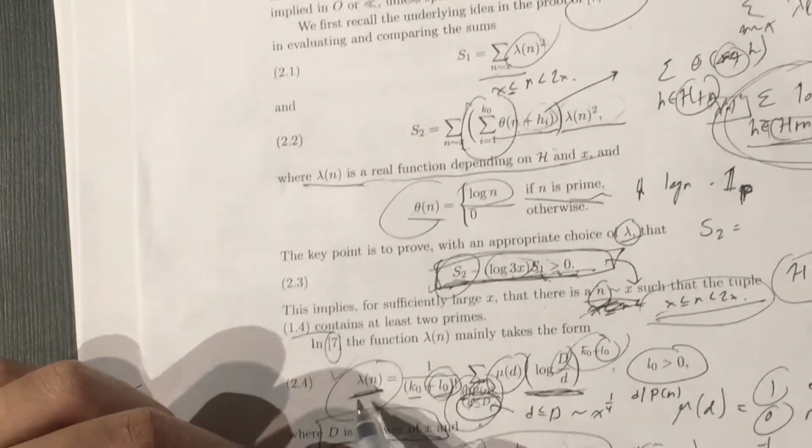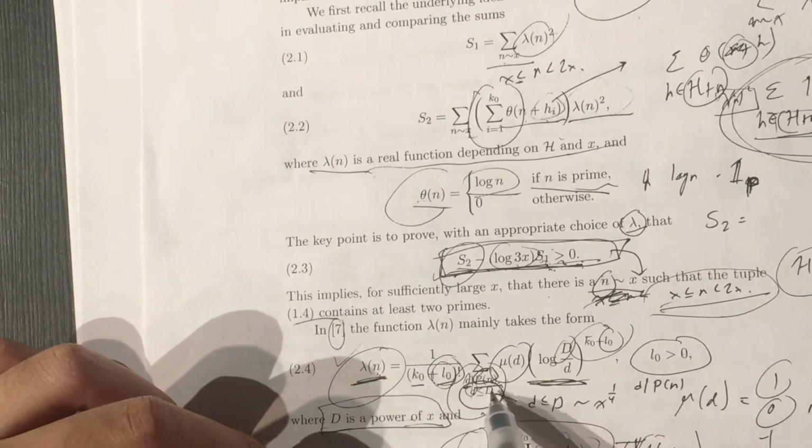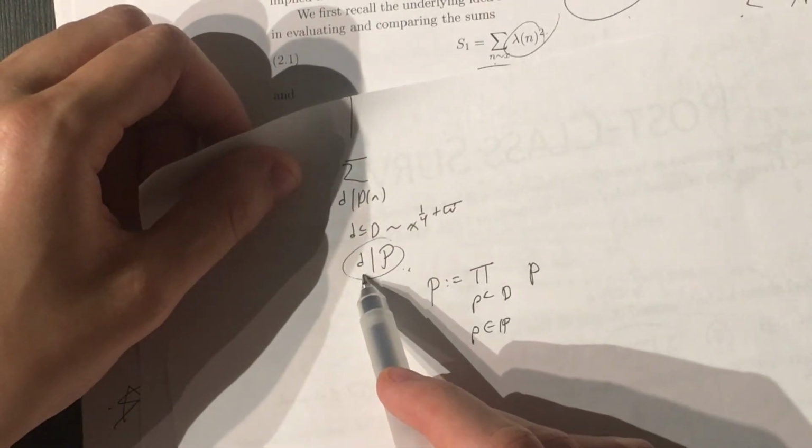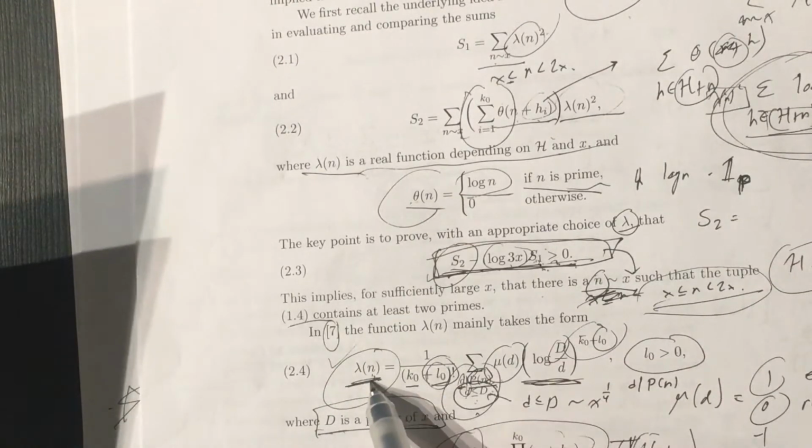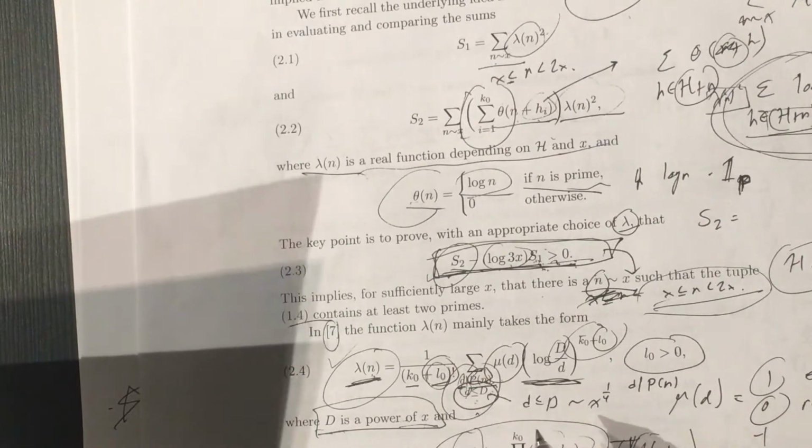So in some sense, the original choice of lambda was not optimal, in the sense that you can apply an additional constraint here, which he did, where you require, so this is restricting the sum more. And so as a result, this lambda is smaller. You're doing a smaller sum.